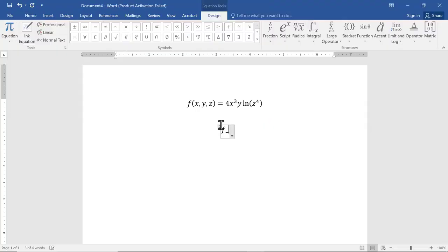All right, so let's just get at it. First derivative with respect to x. Well, the y natural log z to the fourth, that just acts as a coefficient just like 4. So first derivative with respect to x is going to be 12x squared y times the natural log of z to the fourth.